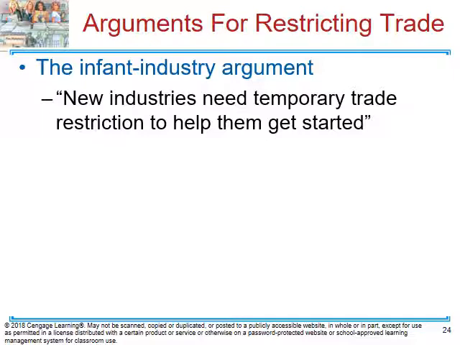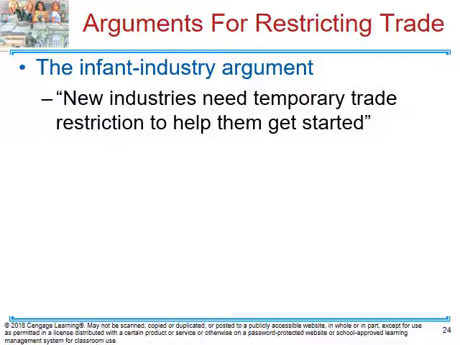because in any case, the infant industry will incur costs or losses at the beginning anyway.